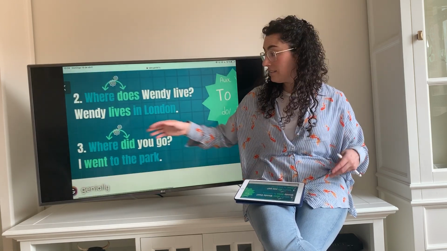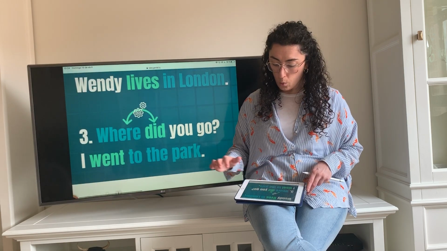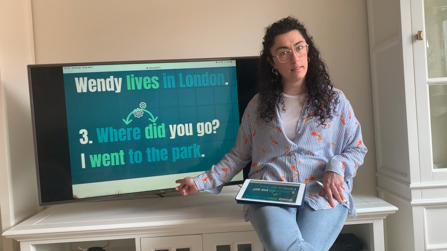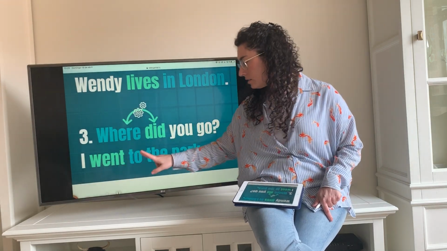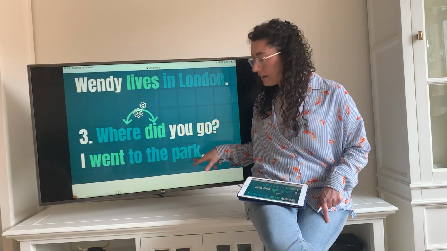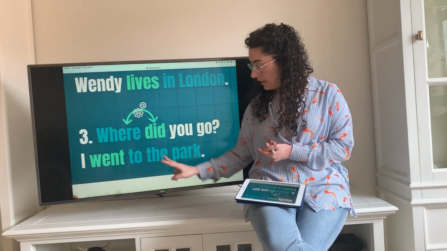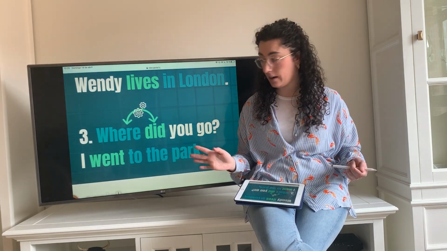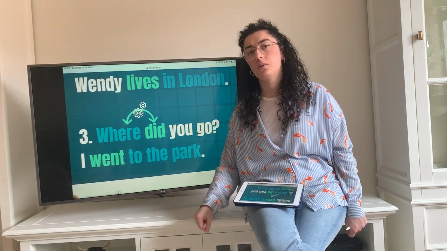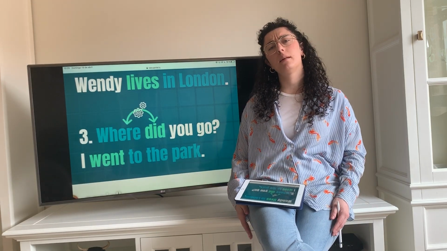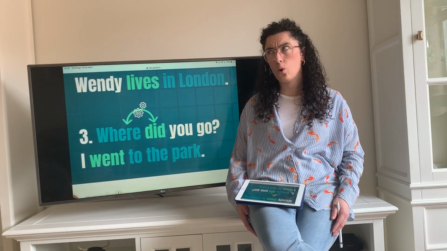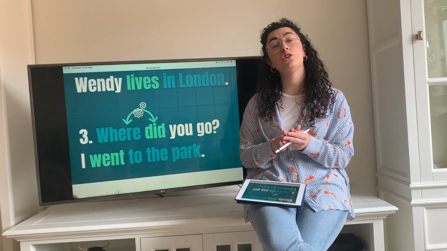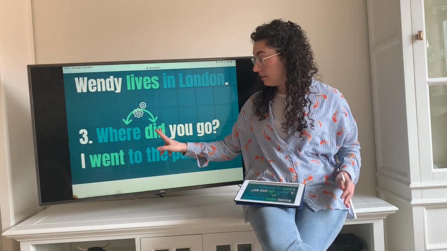And then the last example says, where did you go? I went to the park. We look at the answer, and it says, I went to the park. "To the park" is a place, so we change "to the park" for "where". Then we look at the verb. Went. Is it in the present or in the past? Went, go, went. So it's in the past. In this case, we need to use the verb to do in the past: did.